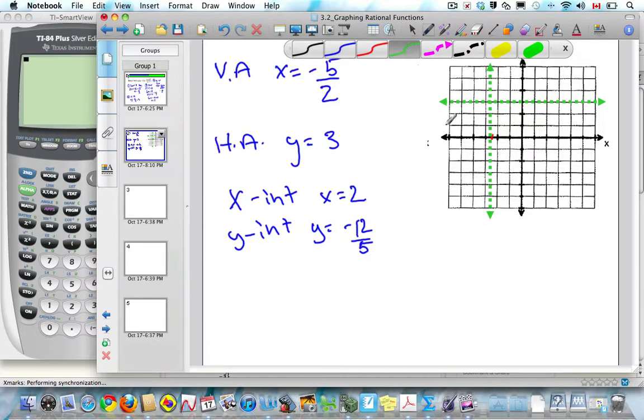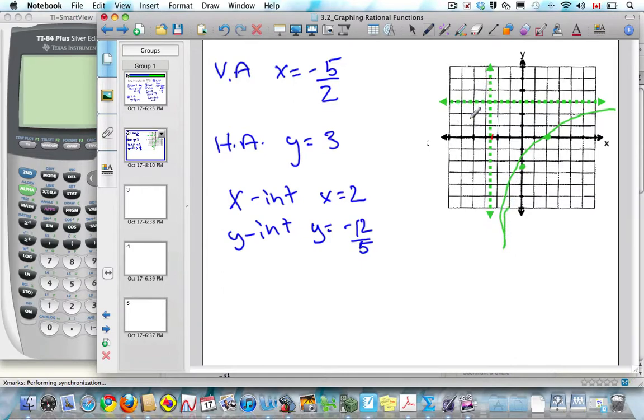Okay, and so now I find my x-intercept is at 2 here. My y-intercept is at negative 12 over 5, which is around negative 2 and a bit. So I have 4 parts here. This one here is definitely going to be below the asymptote, and so I can sketch it roughly here.